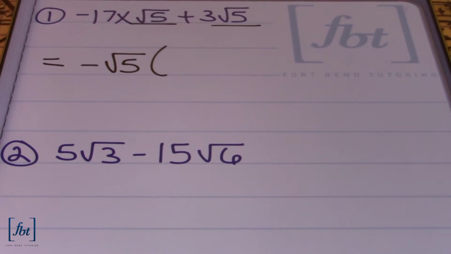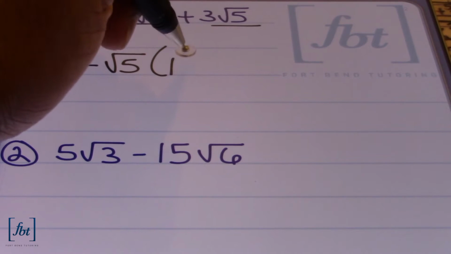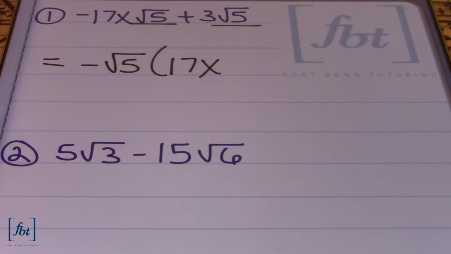And because I'm factoring out this negative square root of 5, remember that factoring is associated with division. So in order to complete our factorization here, we're technically dividing each of our terms in the original expression by negative square root of 5. That's what's going on. So basically a negative divided by a negative is a positive, right? And so we'll end up with just 17x. Yeah, 17x for that first term, because the negative square root of 5 times 17x will give you a negative 17x square root of 5.